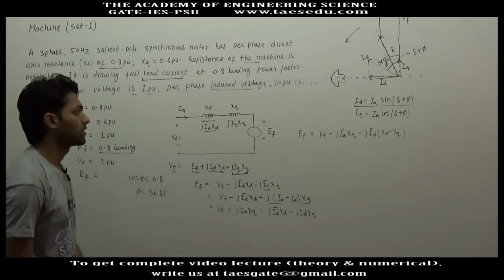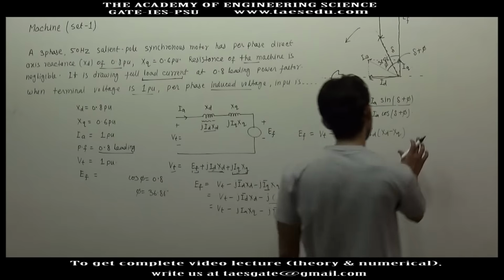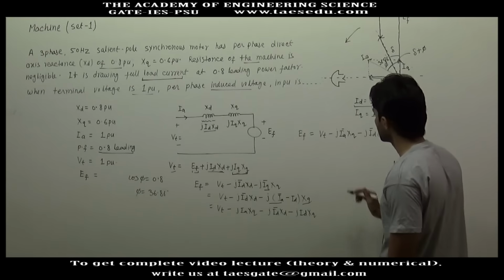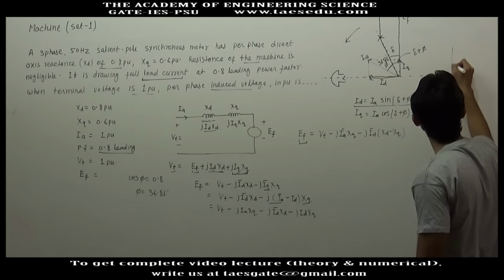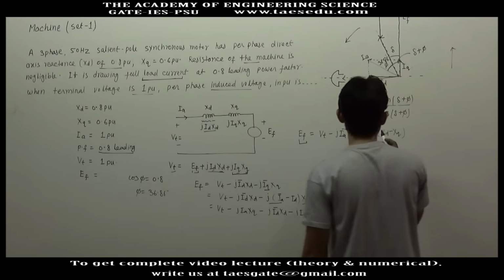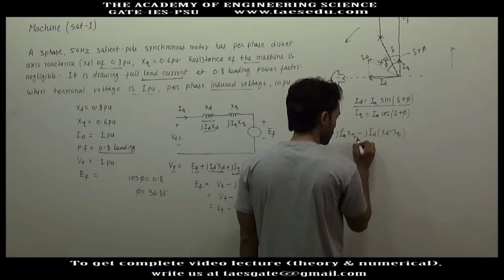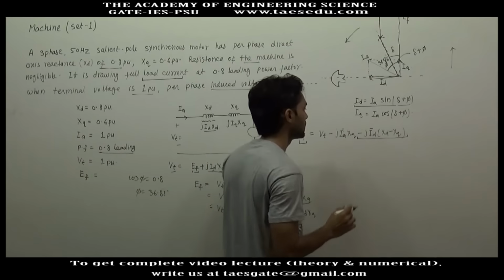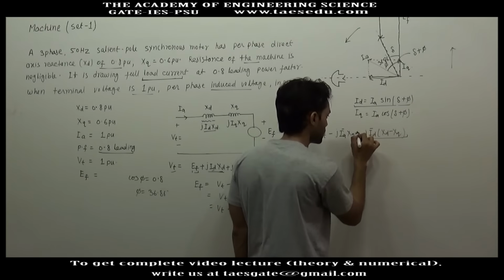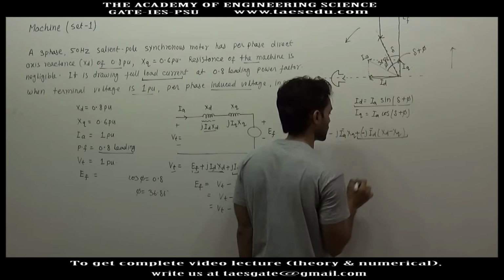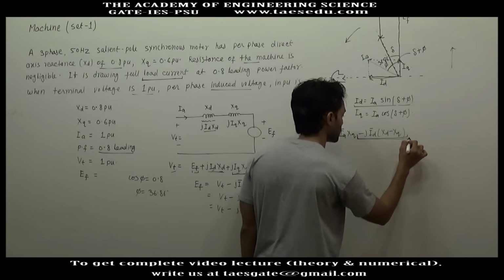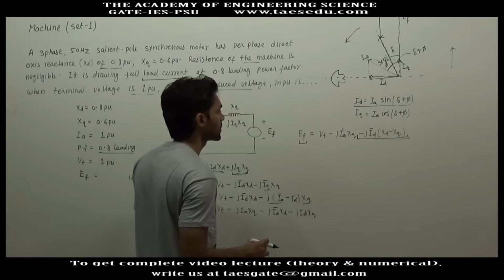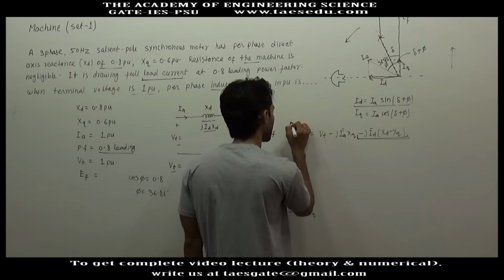Okay. Now in this equation, the direction of EF is, in the phasor diagram, in upward direction. What will be the direction of this vector? Minus jId(Xd minus Xq), or let it be minus only. So what is the direction of this vector? The direction of EF is in upward direction.